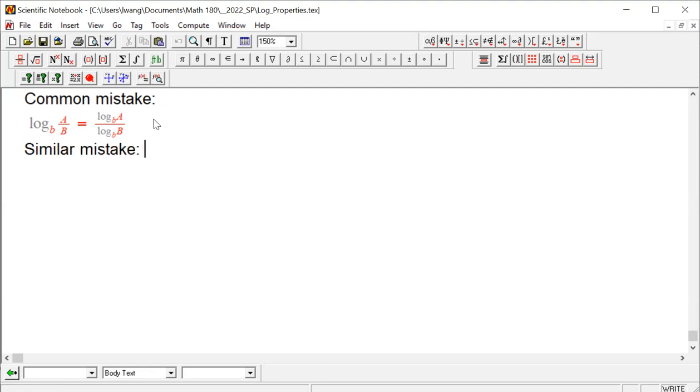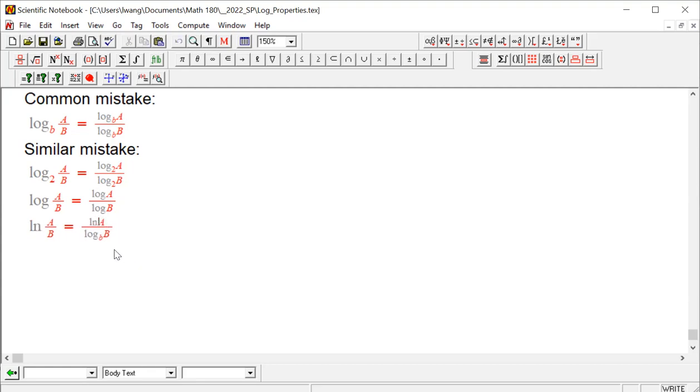We actually don't see this mistake in its exact form, but we see it in a similar form. For example, it could be 2 or 3 in multiple cases. It could also show up as a common log. It could also show up as a natural log.